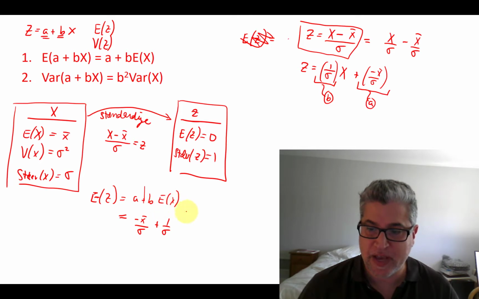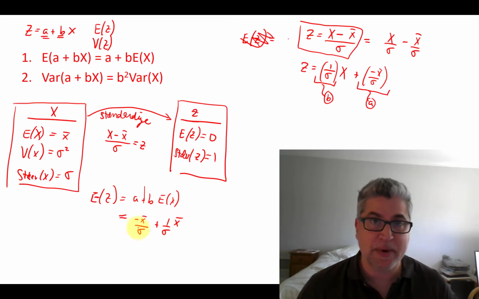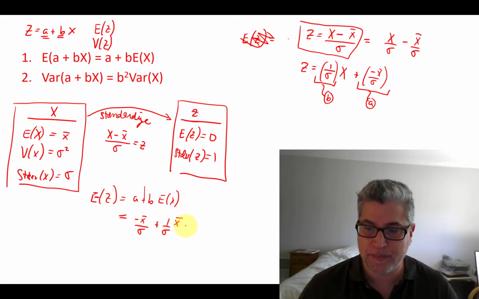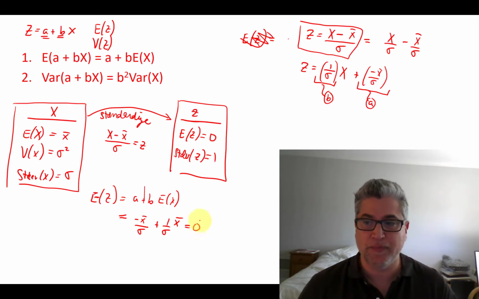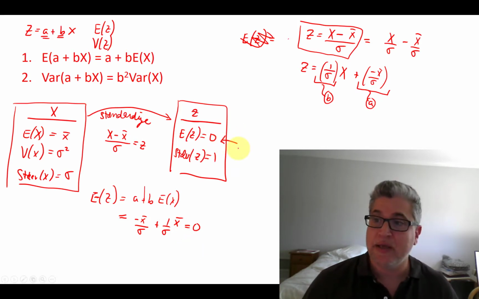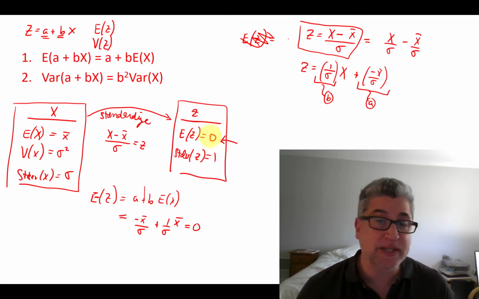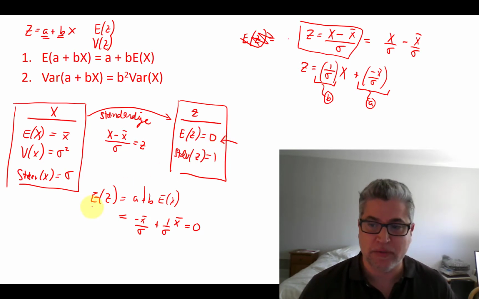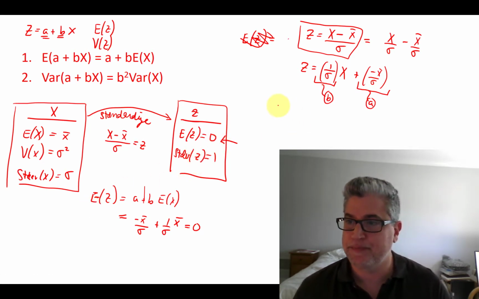And the expectation of x is just x bar. All right, so we got x bar over sigma minus x bar over sigma. That's 0. So there we go. Now we know why the standardized variable always has a mean of 0. Always has to.